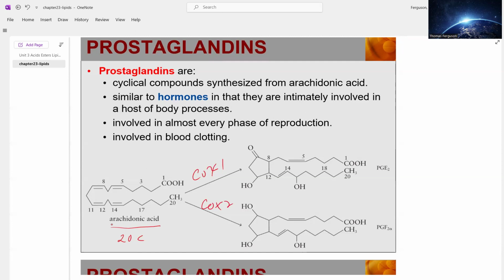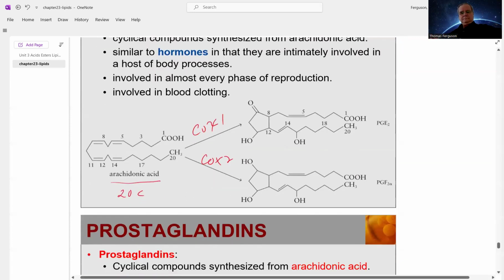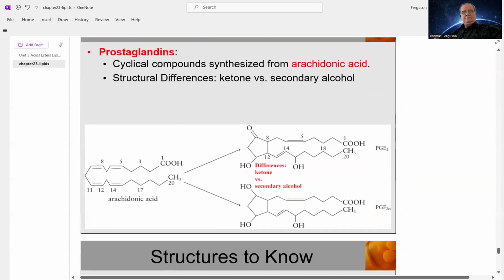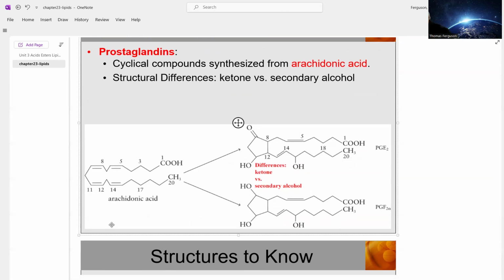Good ones and bad ones. They're very similar. Those are the 2 differences there. Makes all the difference in the world.